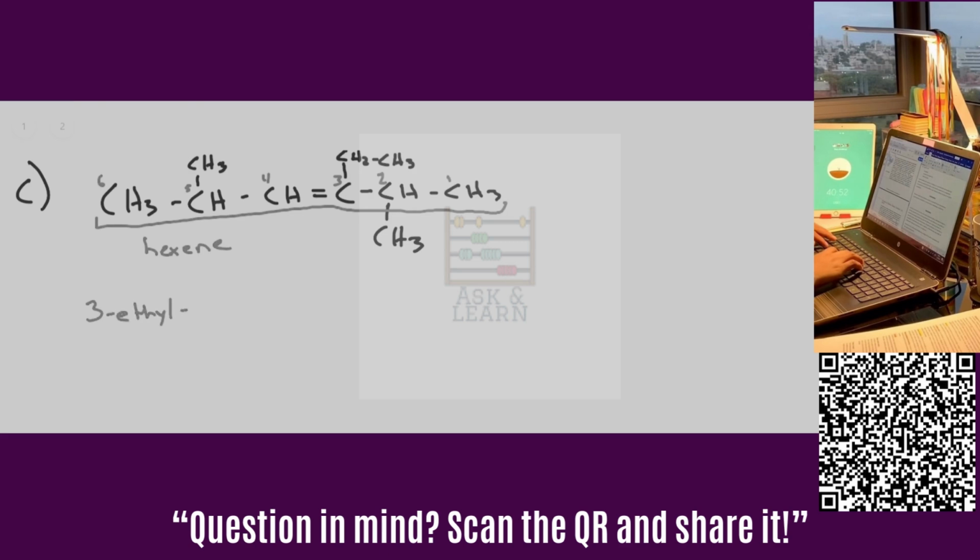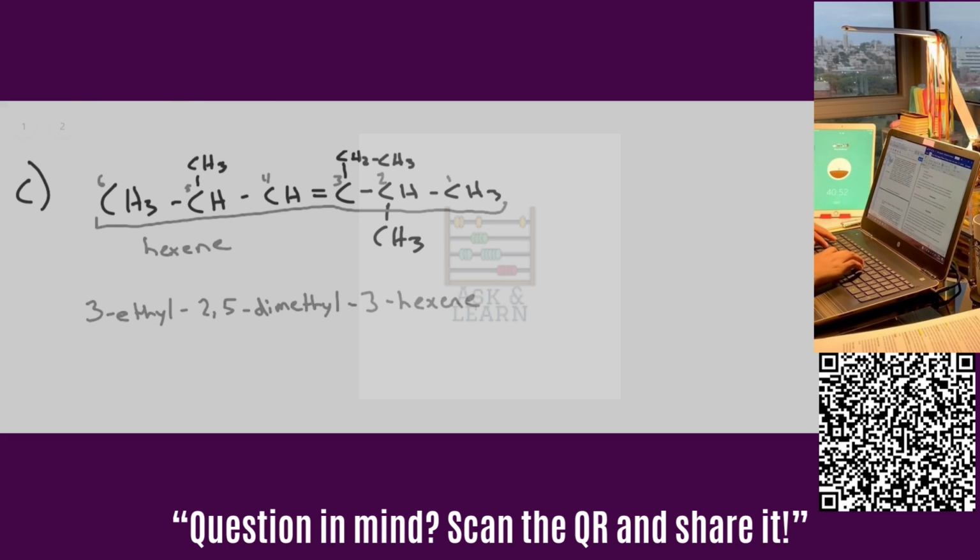The position of the methyl groups, which is 2 and 5, dimethyl, di because we have 2 methyl groups. And then the position of the double bond and the name of the carbon chain, 3-hexene. So the total name is 3-ethyl-2,5-dimethyl-3-hexene.